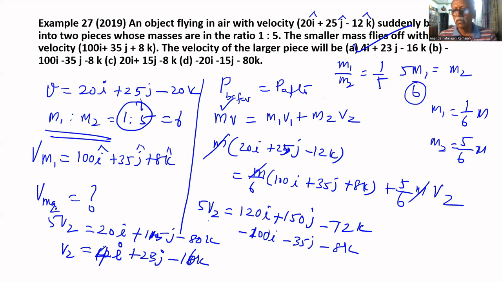How it is coming? We are multiplying on both sides by 6, here divide by 6, to cancel that 6, we are multiplying this by 6 on both sides. Got? Yes, sir. Shall I move to next sum? Yes, sir.